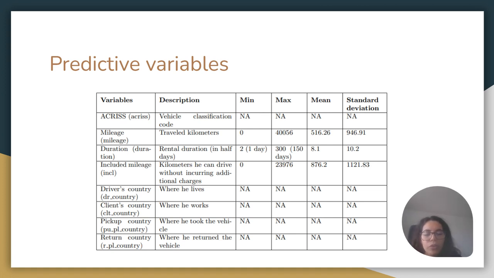We also use the mileage, the traveled kilometers. We use as well the period, the rental duration in half days, and the included mileage, which refers to how much the driver can drive without incurring additional charges. We also use the home address of the driver, the address of his workplace, the pickup country, and the return country.